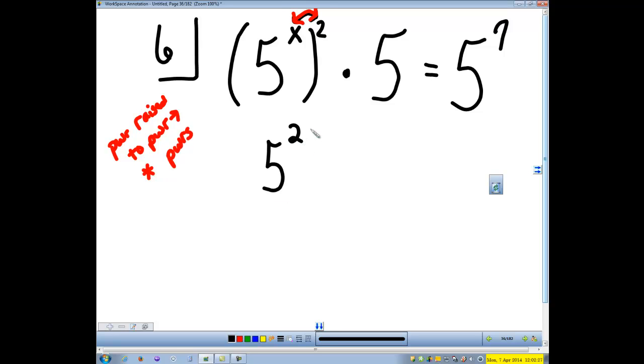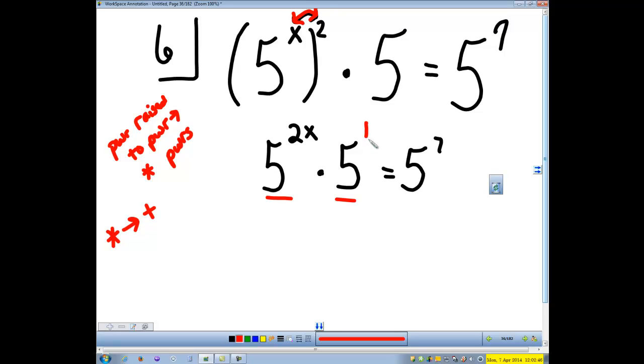So 5 to the 2x power times 5 is equal to 5 to the 7th power. I still have two bases. The other law of exponents says when you multiply like bases, you add the exponents and the base stays the same. Remember, there is an understood 1 here. So I have 5 to the 2x plus 1 power is equal to 5 to the 7th power.